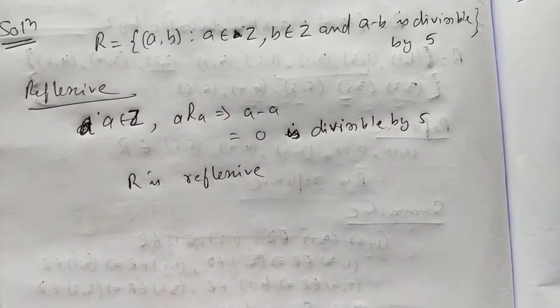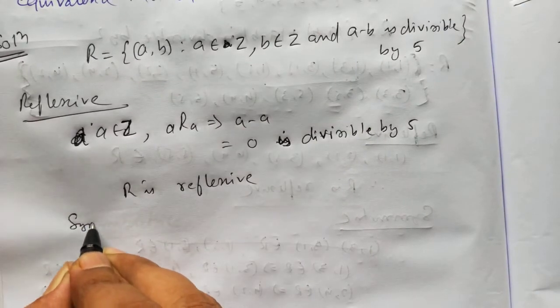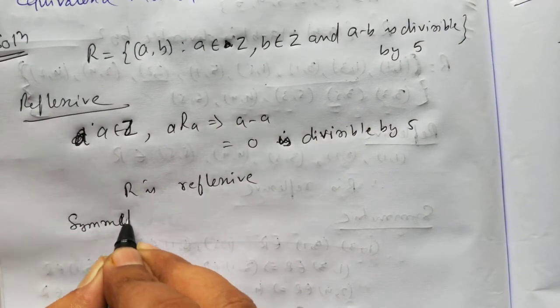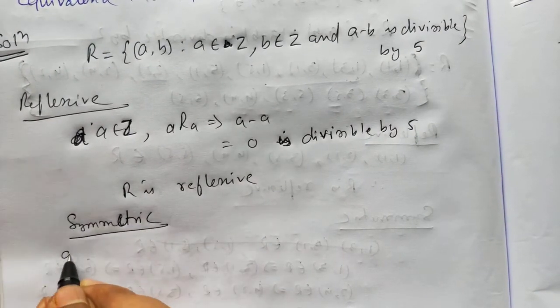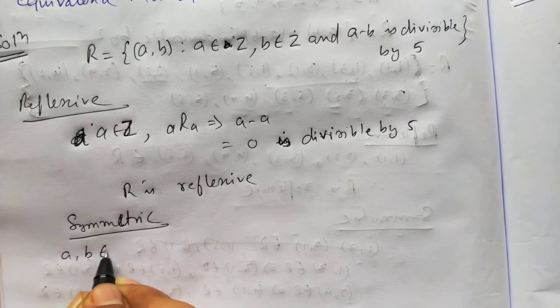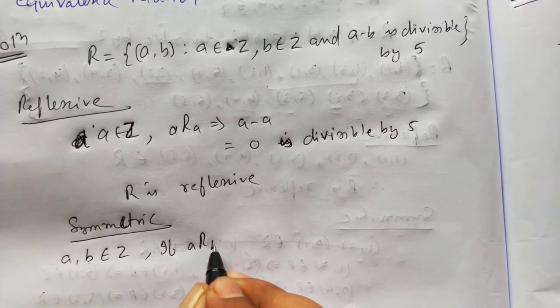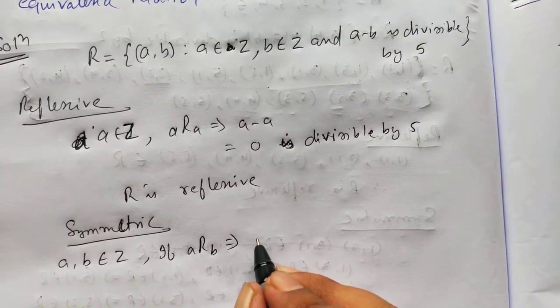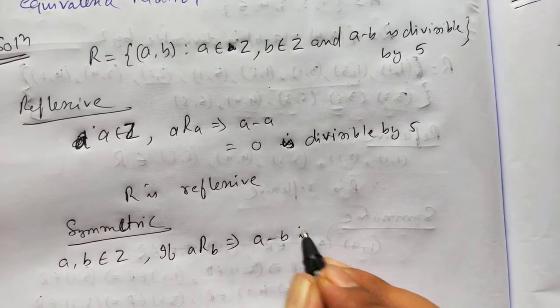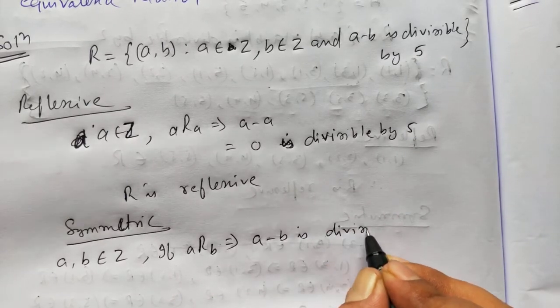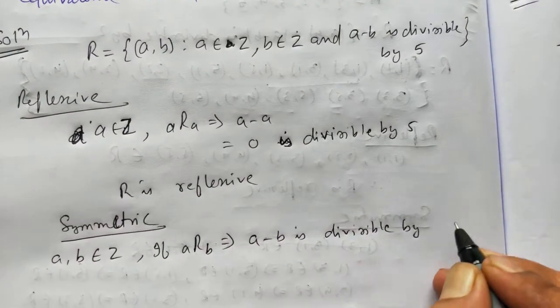Now we'll check for symmetric. We use two numbers, so A, B belong to Z. If A is related to B, what do we get? A minus B is divisible by 5.